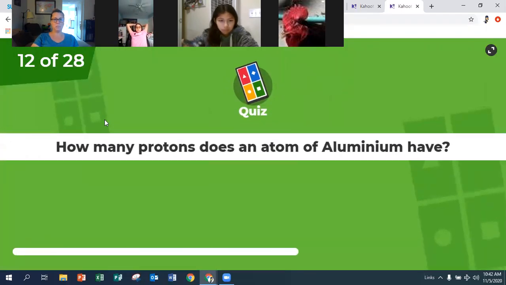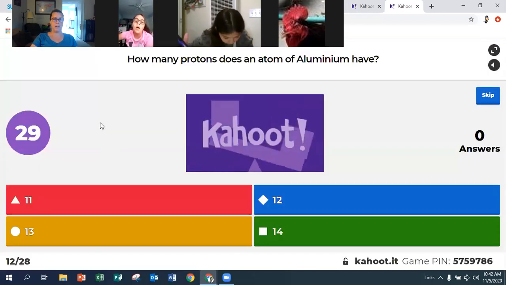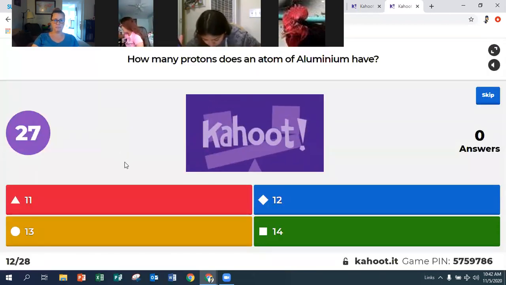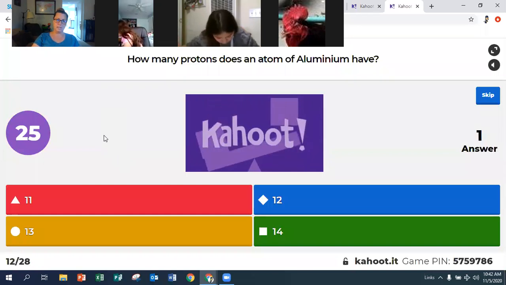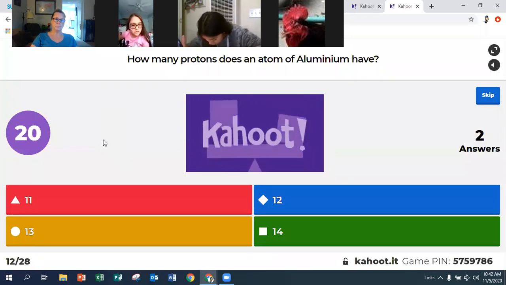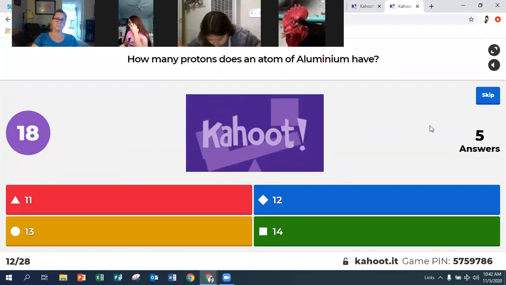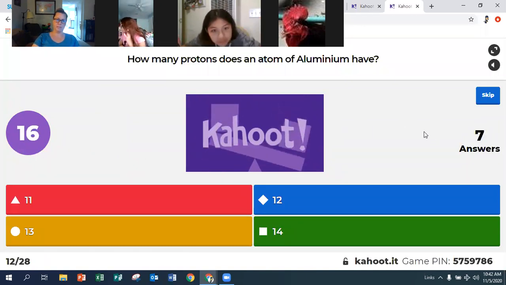Question 12, how many protons does an atom of aluminum have? Aluminum is a metal. It is on the staircase. However, it's not a metalloid. Look by your staircase.